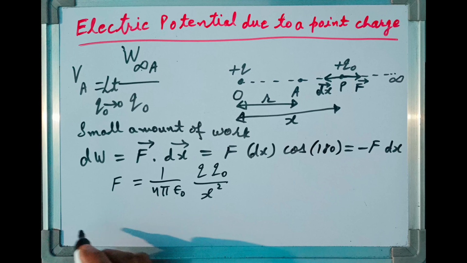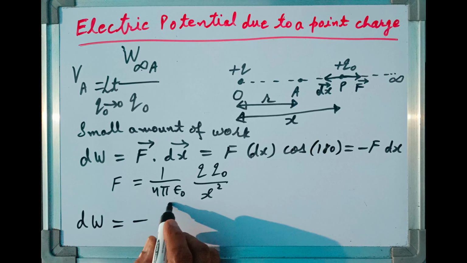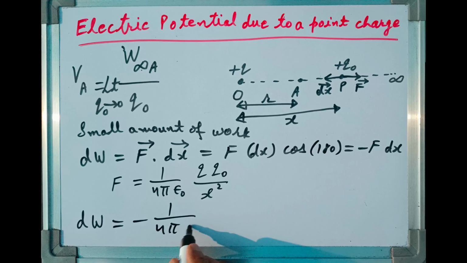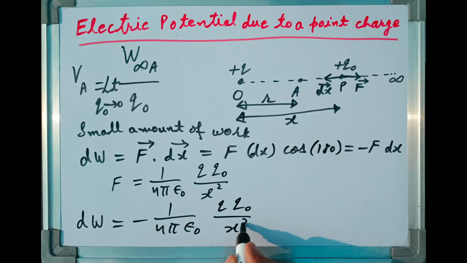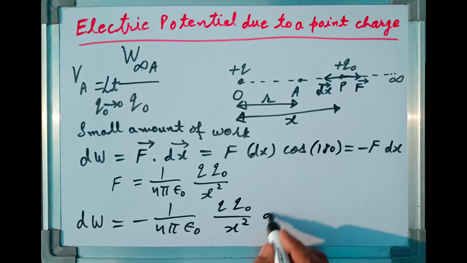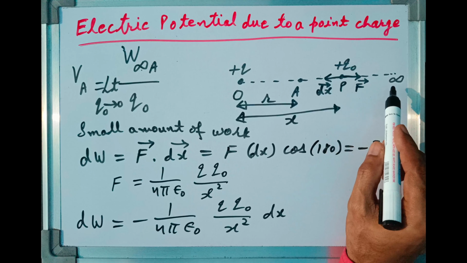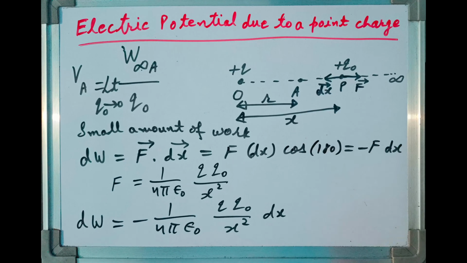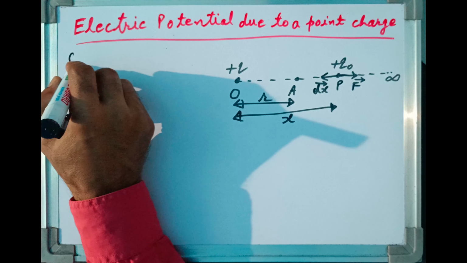So putting this value of F, I can write dW as equal to minus 1 upon 4 pi epsilon naught Q naught upon x square, in addition we have dx. So this is the value for dW. After integration of this equation, I will get total work done in moving the test charge from infinity to the point of observation A.